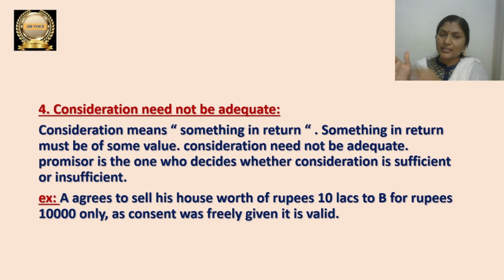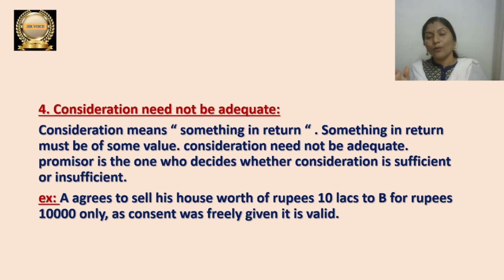So one person is giving a valuable thing to another person, but in return the other party is giving consideration or paying a very small amount for the valuable one. Okay, then also it is valid. Here what is the point? Consideration need not be sufficient, need not be adequate, then also it is valid. So let us discuss what that is. Consideration means something in return. Something in return must be of some value. Consideration need not be adequate.